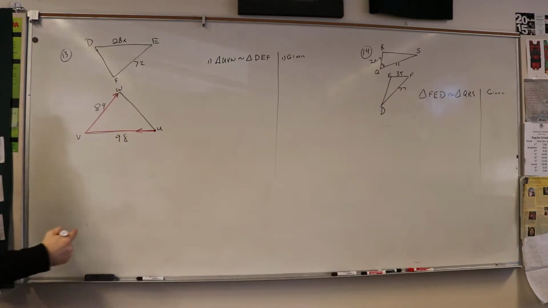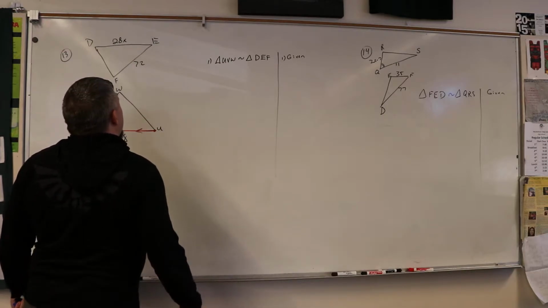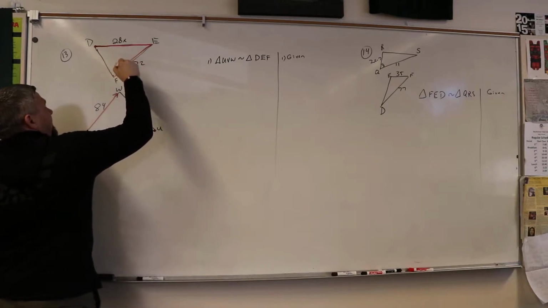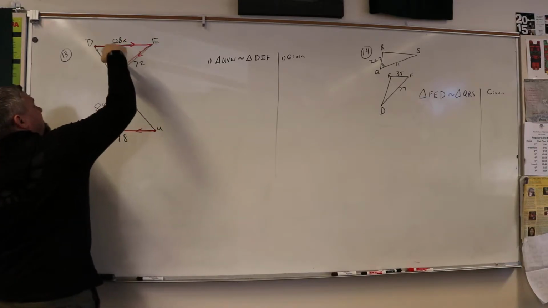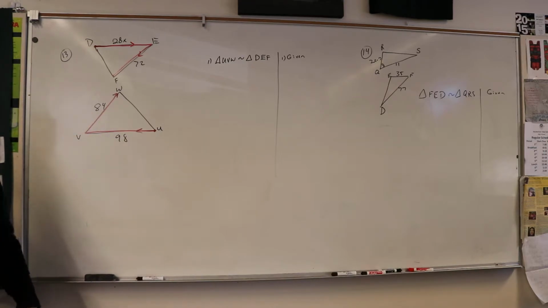Okay? So the first side you're looking at is the 98 side. Okay? And it's similar to DEF. And what's happening here is that DE is to UV. Right?